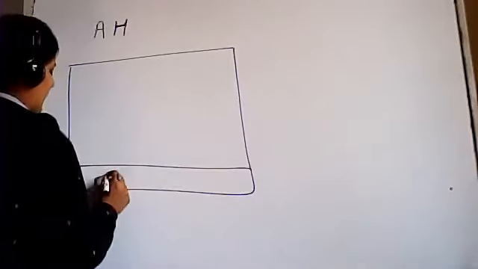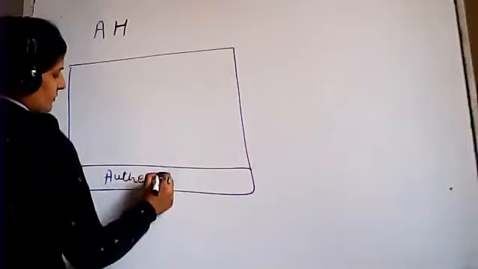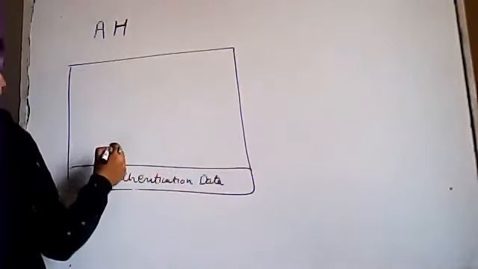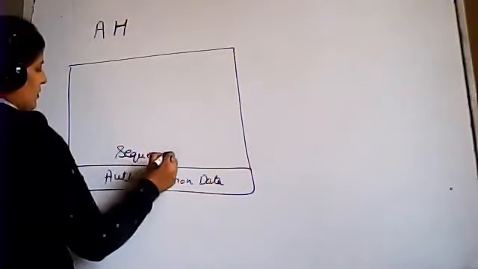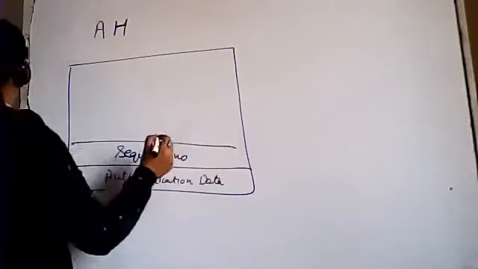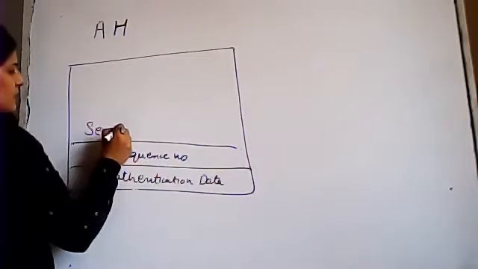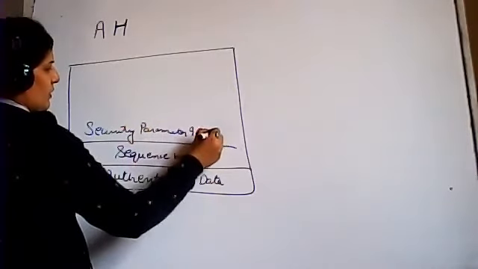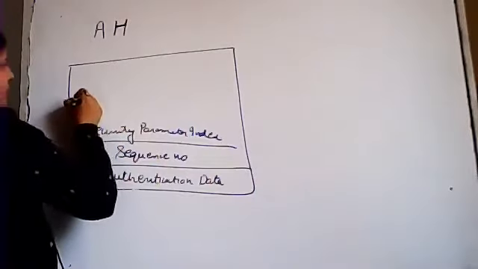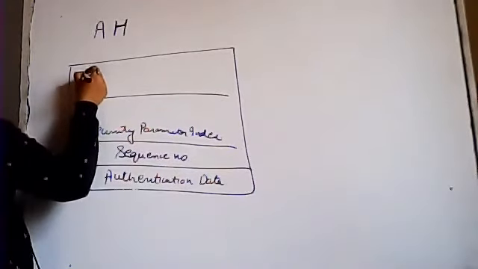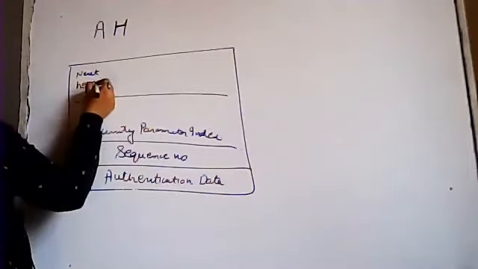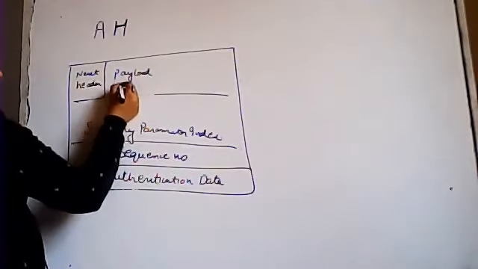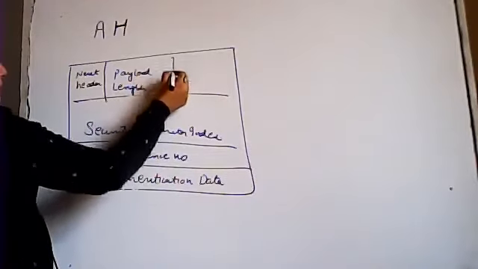We have the authentication data, a sequence number, then the security parameter index, then the next header, the payload length, and lastly the reserved bits.